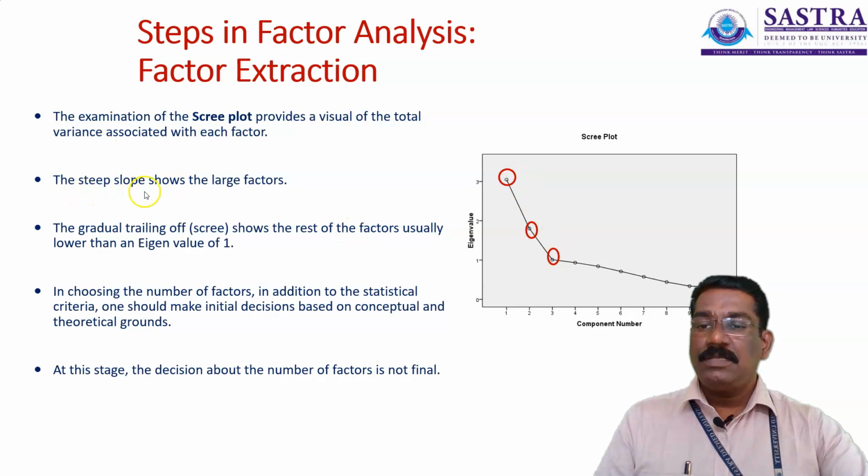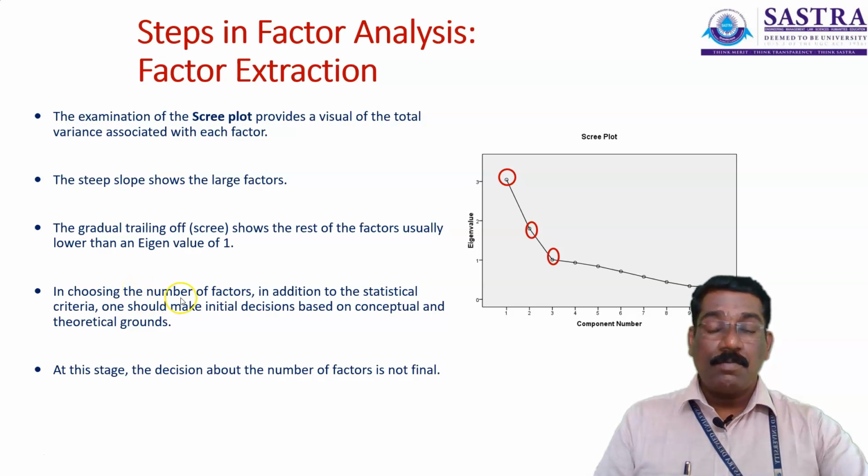The steep slope shows larger factors. The gradual trailing of the scree shows the rest of the factors, usually lower than an eigenvalue of 1. You can draw a straight line, and you can see above the line three factors have emerged and been extracted.